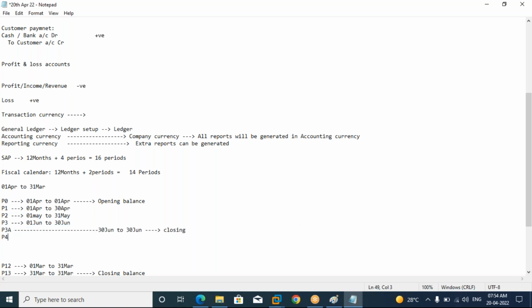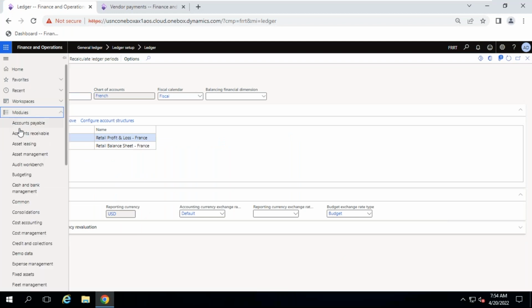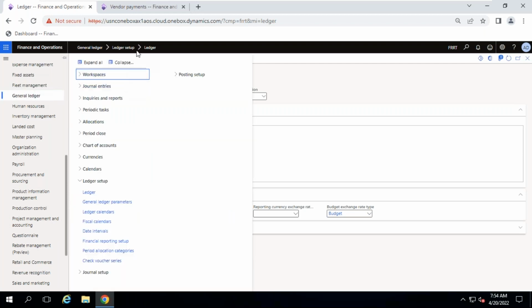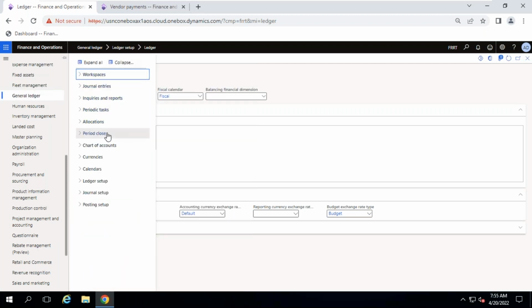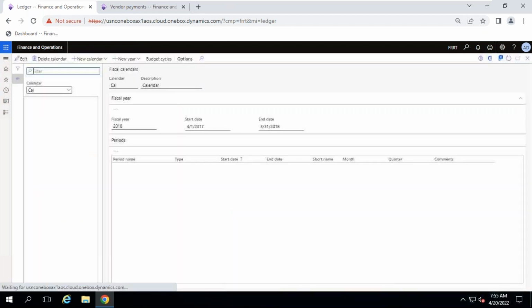Are you able to follow? So let me show you where the fiscal period is available. General ledger, collapse all, calendars, fiscal calendar.